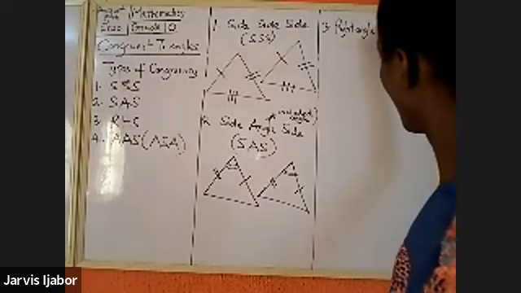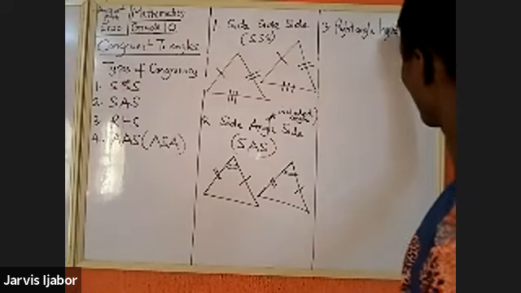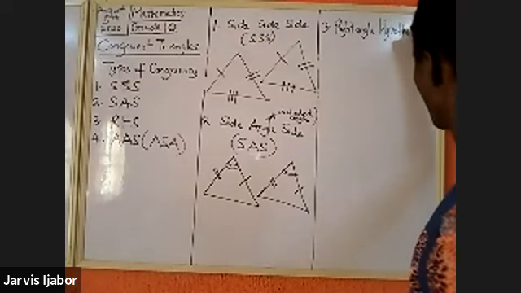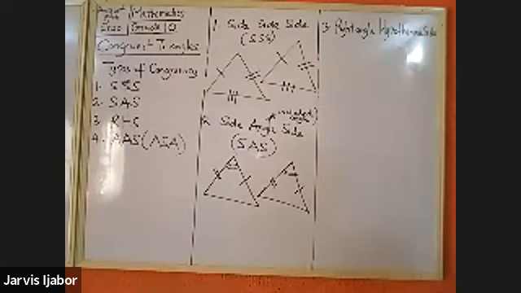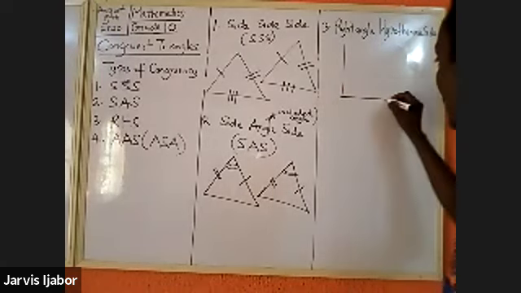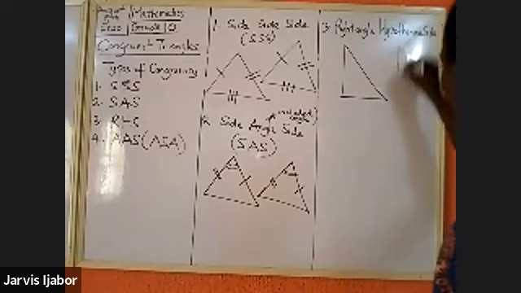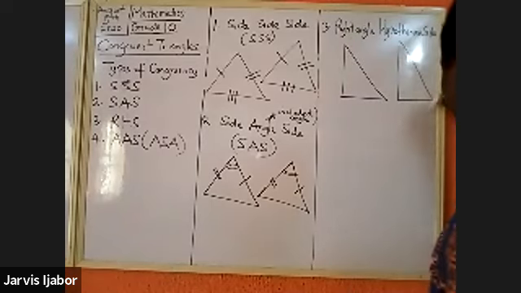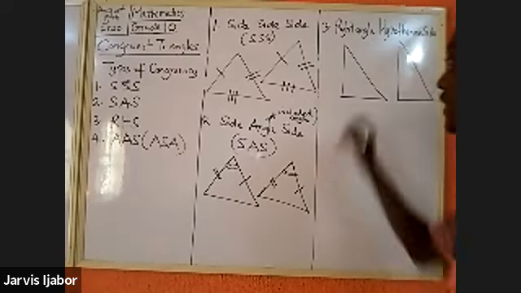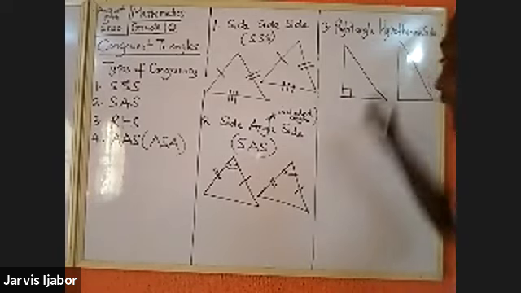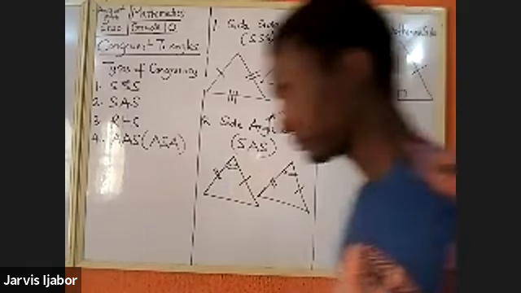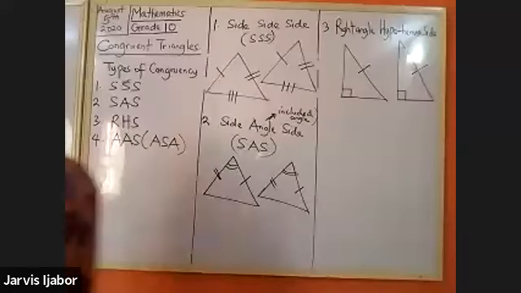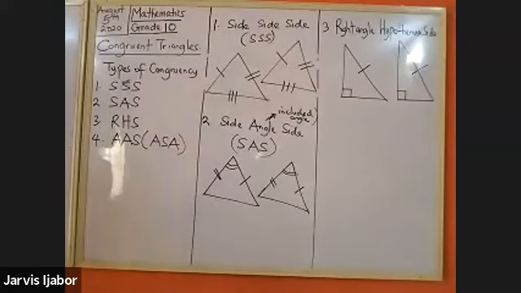The next one is the one we call right angle, hypotenuse, side. Right angle, hypotenuse, side. Now, how does that look like? If this is 90 degrees and this side is equal to this side, that's enough test for what?